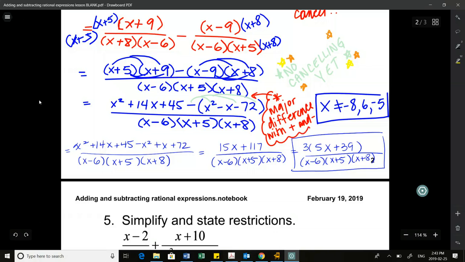So maybe we make ourselves a little cloud on our note. And we just say that that one little step right there, factoring in that negative to the second term, is our major difference with addition and subtraction, okay? So maybe if you have a highlighter on you, maybe you can even just highlight that little step there where you're bringing in that negative, okay? That's really the only difference.